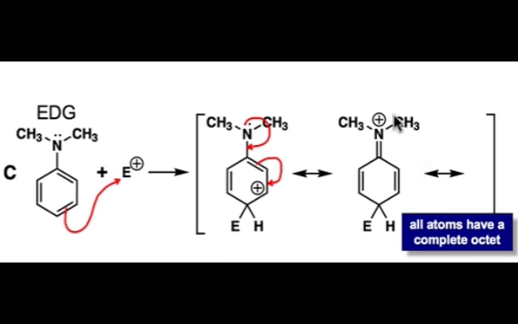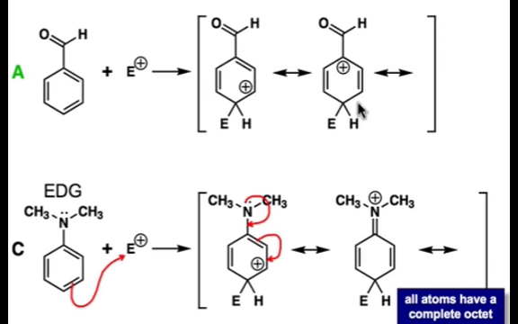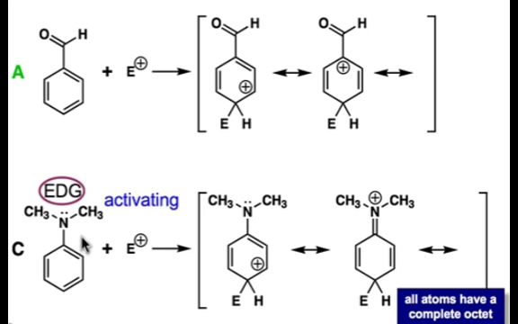This is a much more stabilized intermediate than the one that we had up here. Because of this, electron donating groups activate the ring toward electrophilic aromatic substitution, while electron withdrawing groups deactivate the ring.